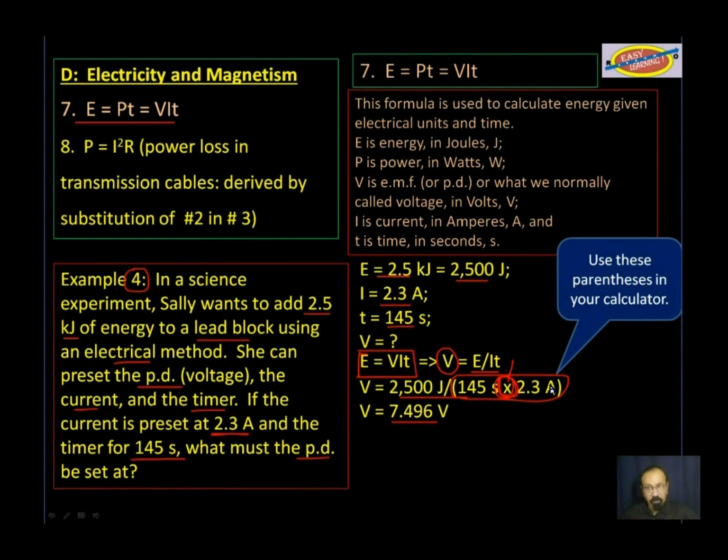Now, of course, this has too many significant figures. We have two significant figures here, 3 here, and 2 here. Our answer can only have two significant figures. We have to round off there, and so we get 7.5 volts. That should suffice for CSEC. As I said, you could always write in your margin of error. Since we are rounding off at the 0.1 position, we take half of that, which would be 0.05.